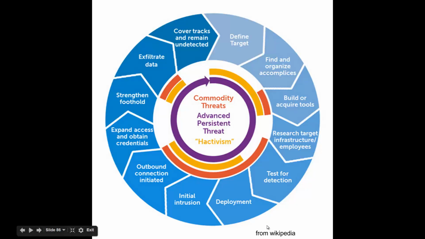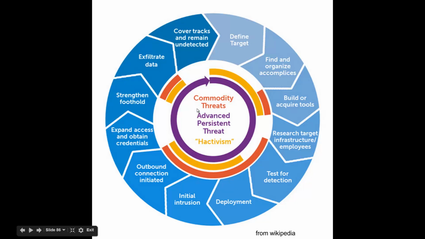This is a diagram from Wikipedia. I believe it's the page on advanced persistent threats, showing a similar life cycle for research, exploitation, privilege escalation, expanding access, exfiltrating data, covering tracks. It just has more steps. It's a bit more thorough.